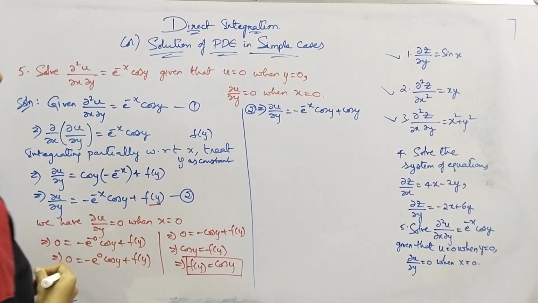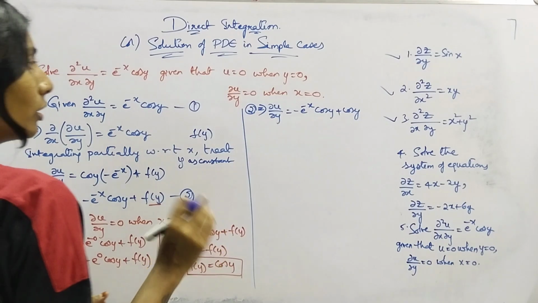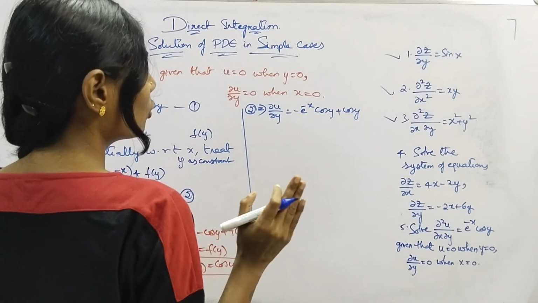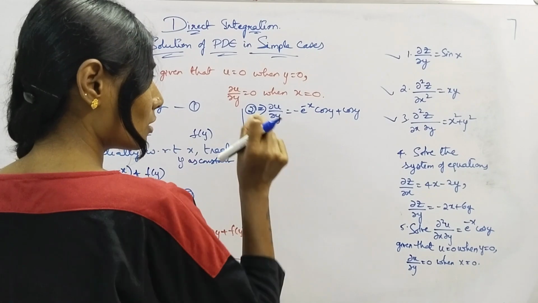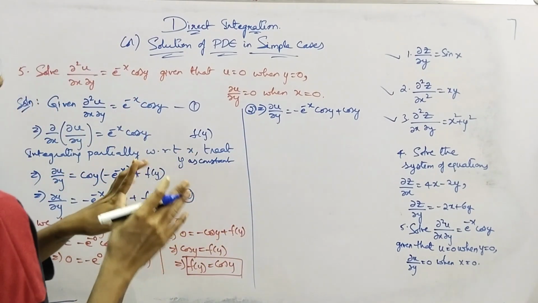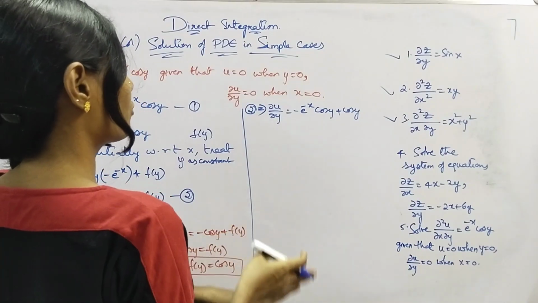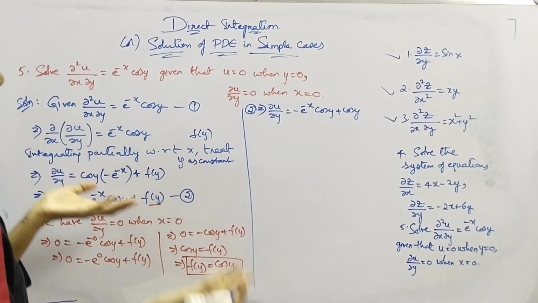Here we are having dou u by dou y, so we can integrate it partially with respect to y, treating x as constant, and we are going to get a constant of integration which will be in terms of x. It can be g of x or h of x, whatever. We have already used f, right? In order to get rid of confusion, you can also write f of x.